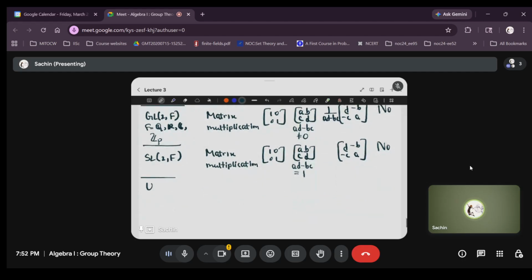Then we saw U(n) with multiplication modulo n. Identity was 1. The element was k such that k and n were relatively prime, so GCD of k and n is 1.